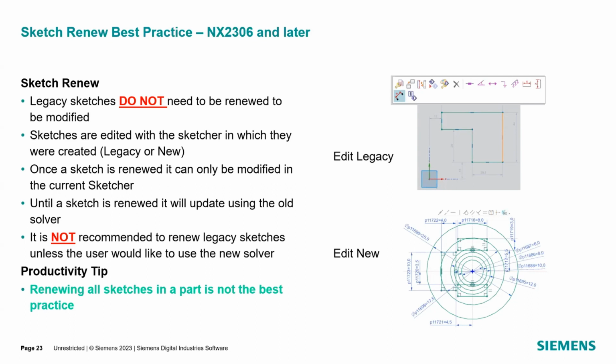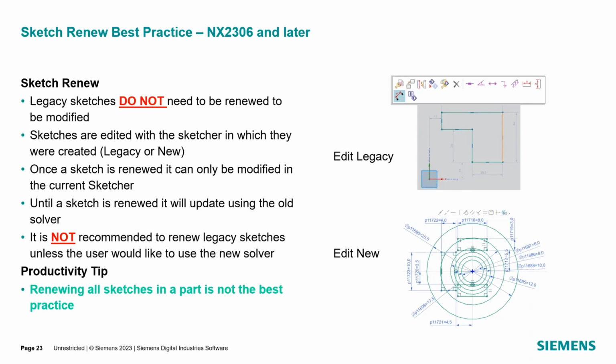So in the past, you had no choice. You had to renew old sketches. Now, our best practice is you do not have to do that. We're not saying go in, renew all the old sketches, because in reality, think about the solver was different. And when we go from the old to the new, it was putting information in to help make that transition.